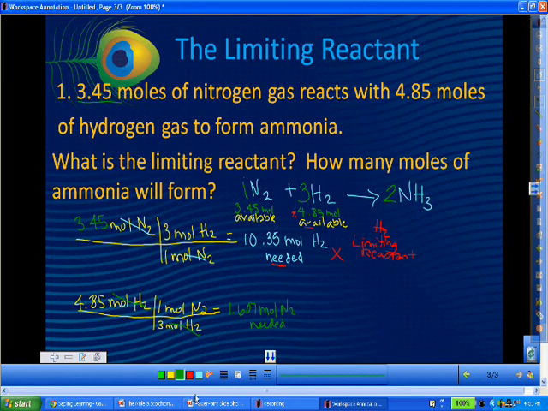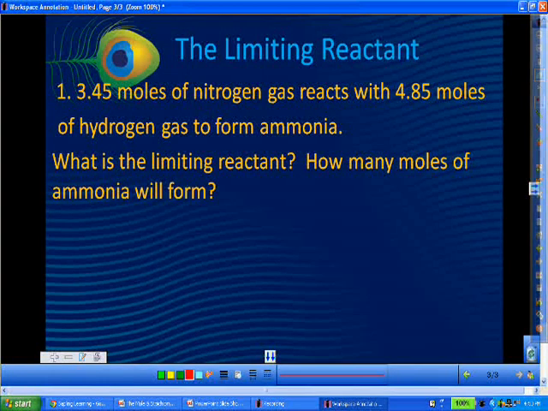So as you can see, we have 3.45 moles available, and we only need 1.607 moles. And so here we have excess nitrogen. So we have plenty. So that means hydrogen is our limiting reactant. And so from here on out, we have to use hydrogen to solve for how many grams of ammonia, or sorry, how many moles of ammonia will form. We have to use hydrogen because it will limit how much can form.